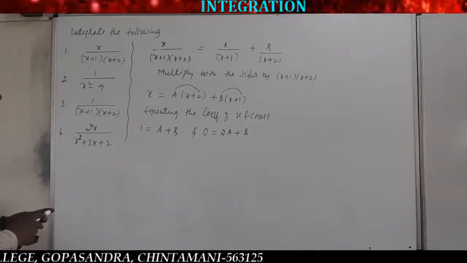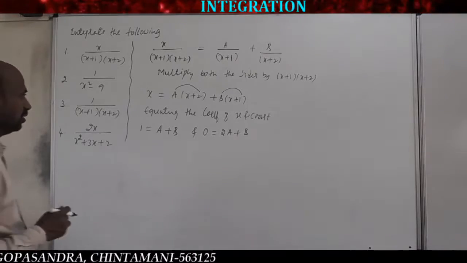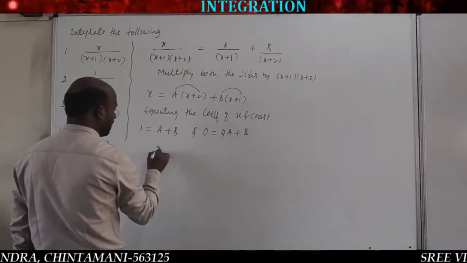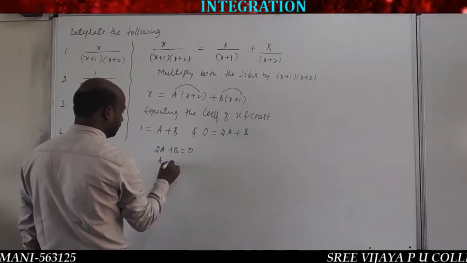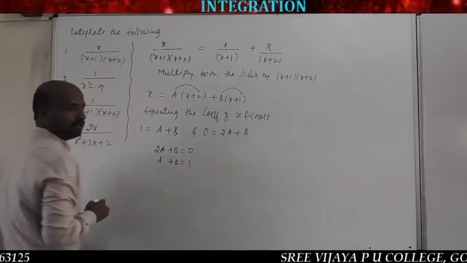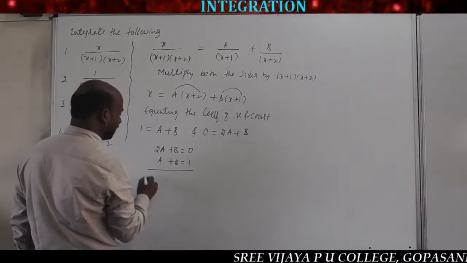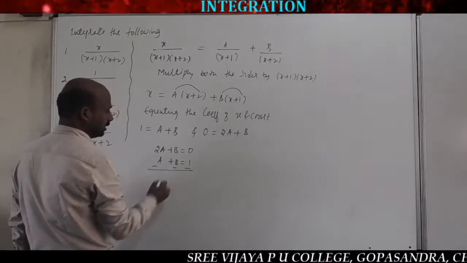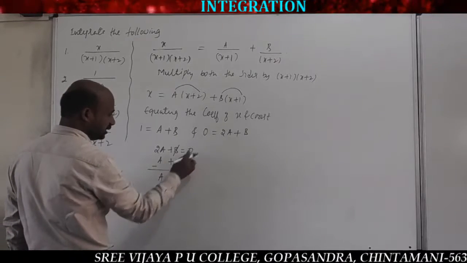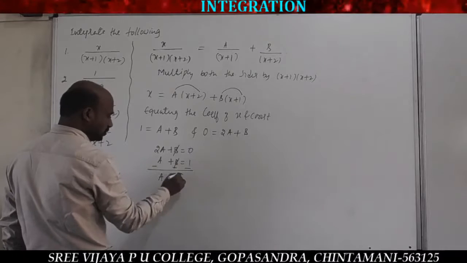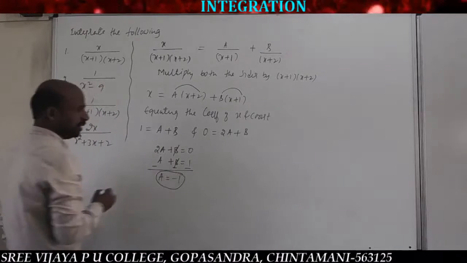So a plus b is equal to 1. We have 2a plus b equal to 0 and a plus b equal to 1. Subtract: plus b minus b gets cancelled, 2a minus a is a, and 0 minus 1 is minus 1. So the value of a is minus 1.